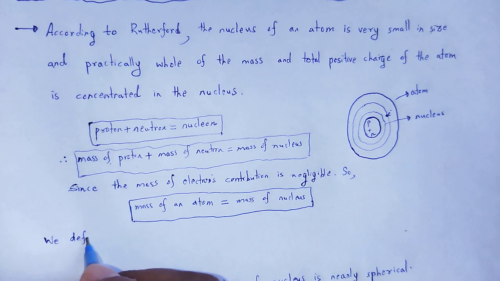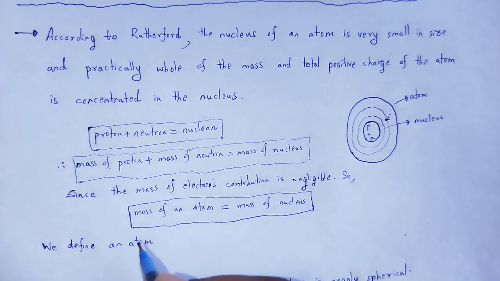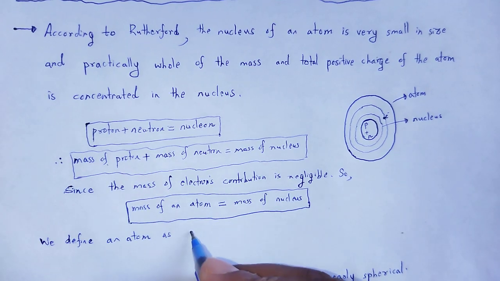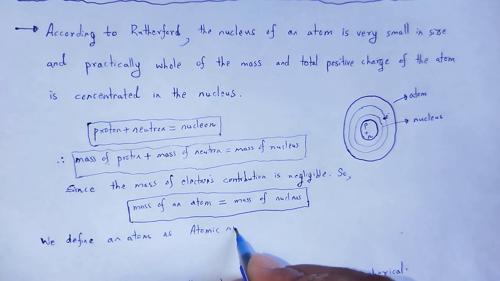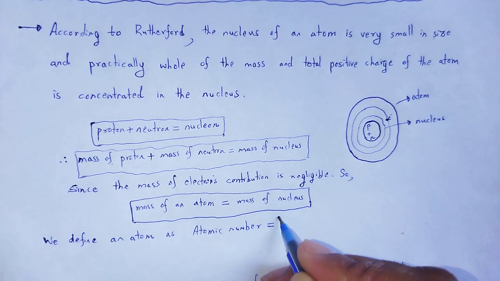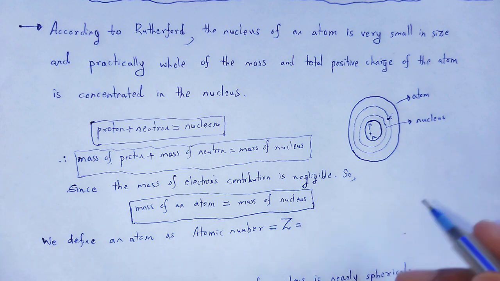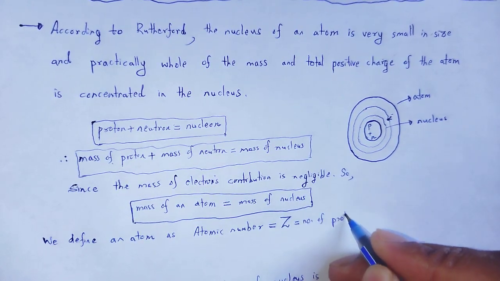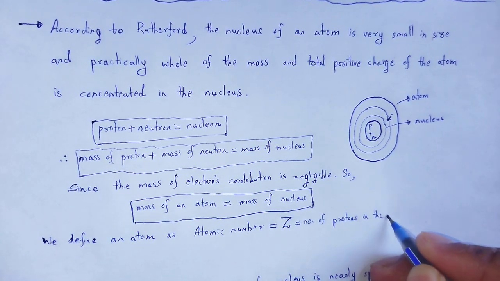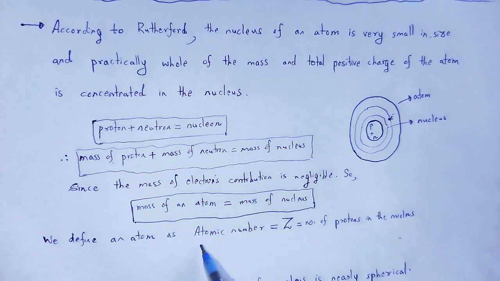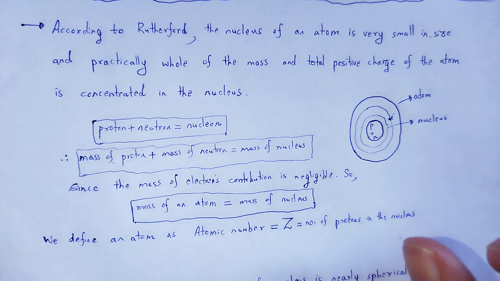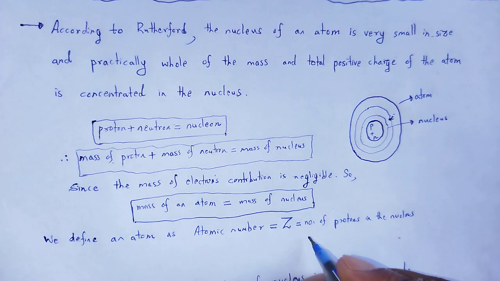We define an atom by the atomic number, which is denoted by the letter Z. Atomic number is the number of protons within the nucleus, or anybody can say it is the number of electrons also in the atom, as the number of electrons is equal to the number of protons in a particular atom.